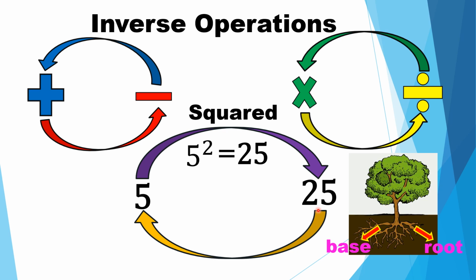The base of the original exponent is 5. That is getting the square root. Thus, square root of 25 is equal to 5. Exponent and square root are inverse operations.